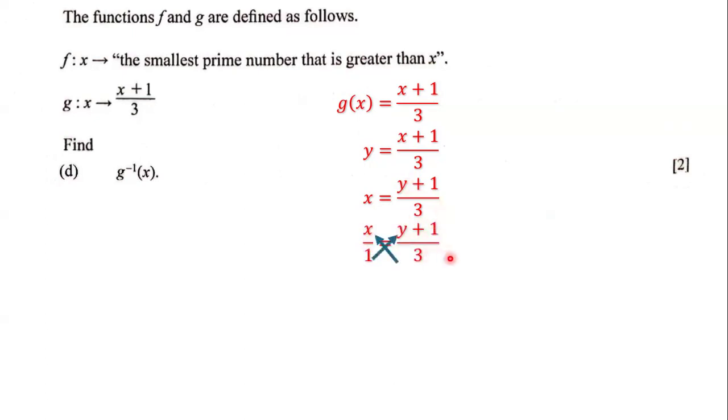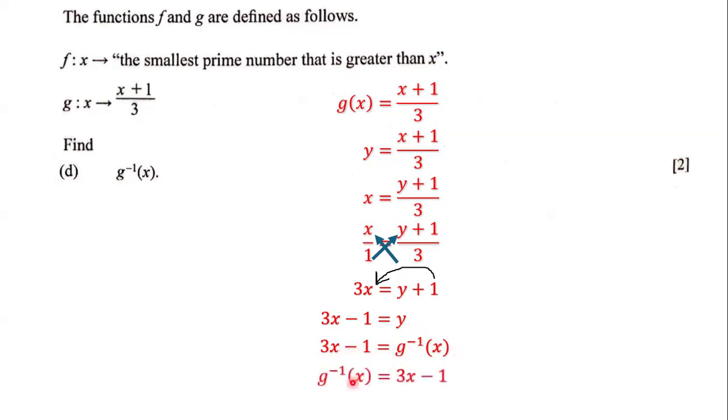We cross multiply: 1 times y plus 1 is y plus 1, and 3 times x is 3x. Our goal is to solve for y, so we send the 1 over the equal sign. That's 3x minus 1 is equal to y. So g inverse of x is equal to 3x minus 1.